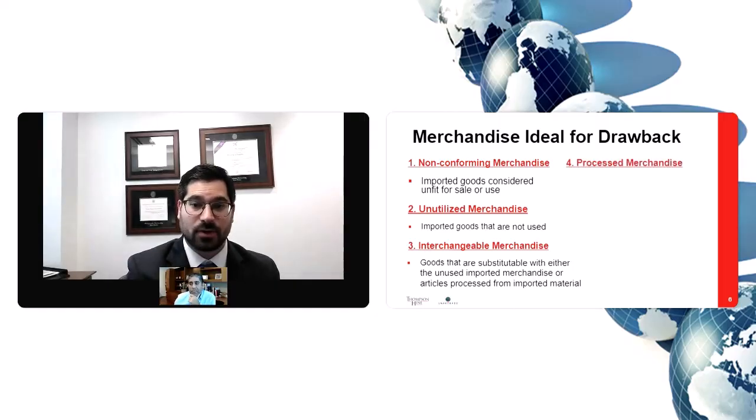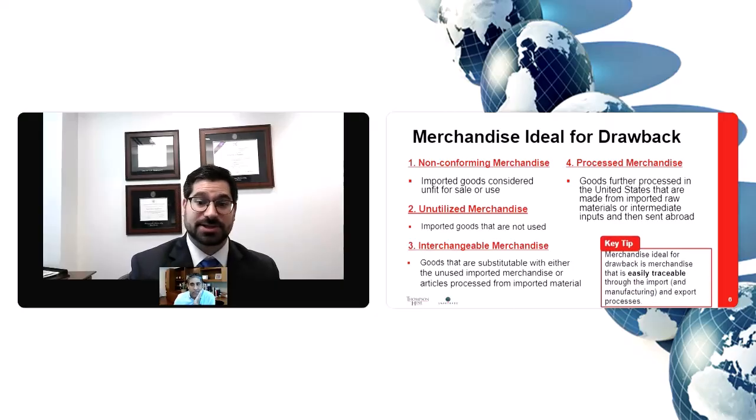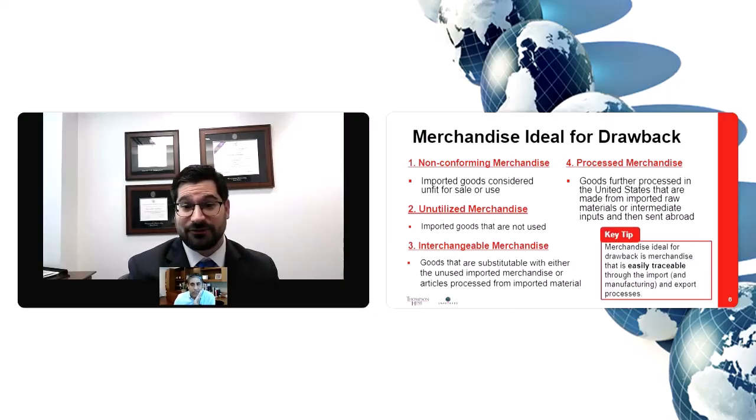And then the fourth category is processed merchandise. These are goods that have been further processed in the United States, made from imported raw materials or intermediate inputs, and then sent abroad. What all four of these main categories have in common is that they're easily traceable through the import and possibly manufacturing and subsequent export processes.